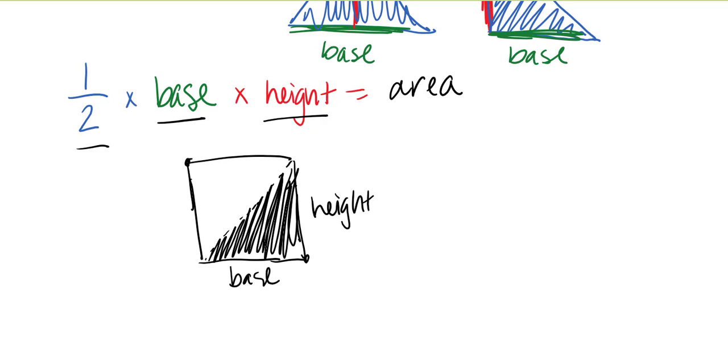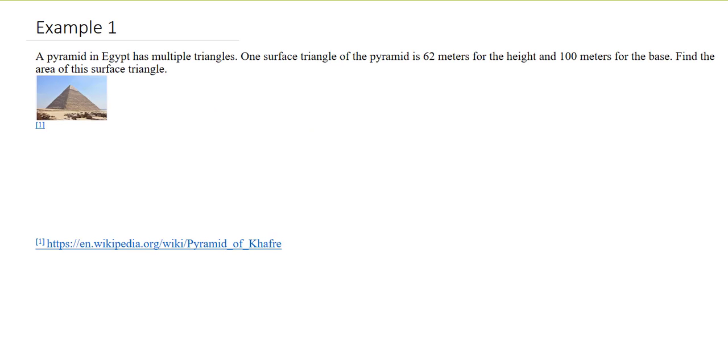Now let's look at some examples. Example 1. A pyramid in Egypt has multiple triangles. So one surface triangle of the pyramid is 62 meters for the height and 100 meters for the base. So we're going to find the area of this surface triangle. So if you see this pyramid, what we're doing is we're looking at this area and we're solving for that.